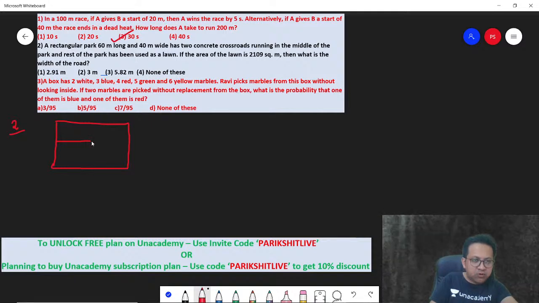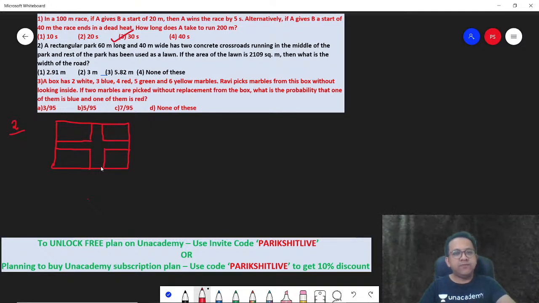Okay, let's draw a rectangular path. Crossroads, so they cross each other, something like this. If the area of the lawn is 2109, then what is the width of the road?